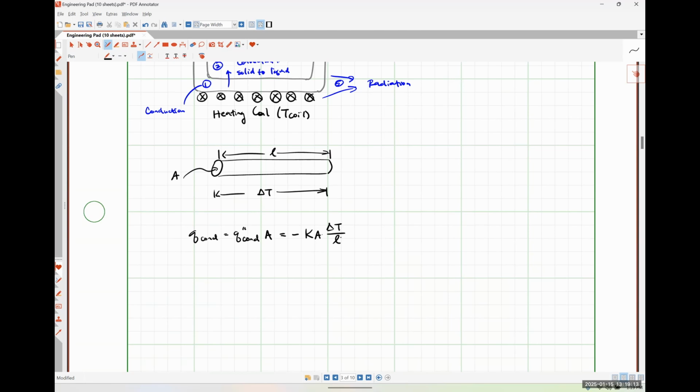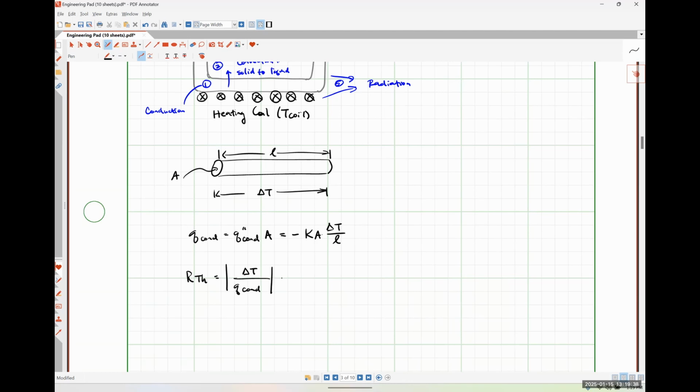So we can define our thermal resistance, R TH, as simply the ratio of our temperature difference divided by our heat flow due to conduction.